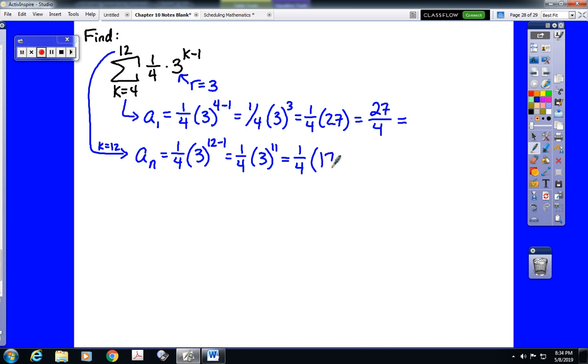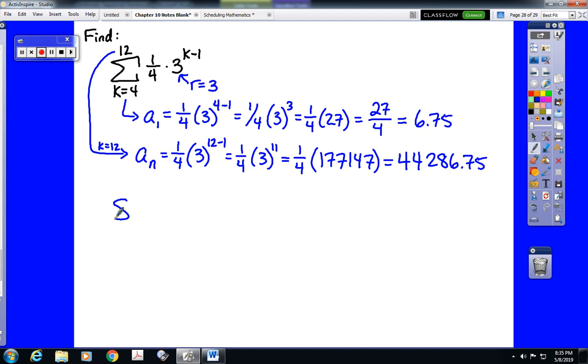Yep, 177,147. Which is also a pretty nice decimal, so let's just go ahead and convert those to decimals. That would be 44,286.75, and the first term, 27 over 4, is going to be 6.75. And again, r is equal to 3.